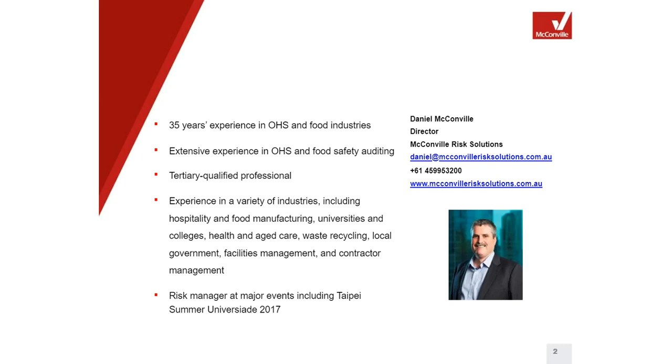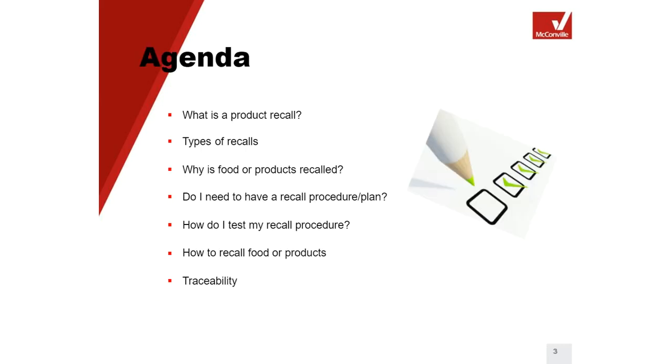But first, let's start this presentation by looking at what a food recall is. As the first point in the slide says, a food recall is an action taken to remove from distribution, sale, and consumption food which is unsafe. I've taken this definition from Food Standards Australia. Here in Australia, we have the Food Standards Australia New Zealand Food Standards Code, which has come out of their industry protocol.